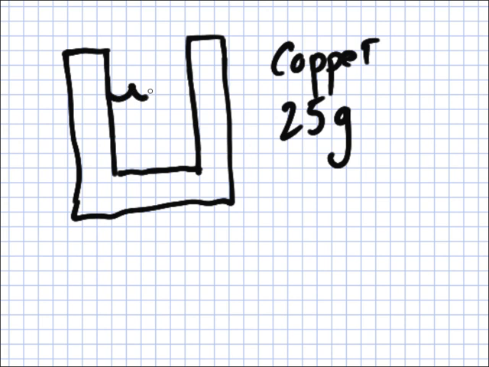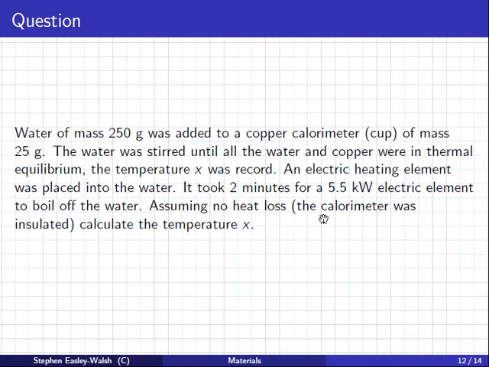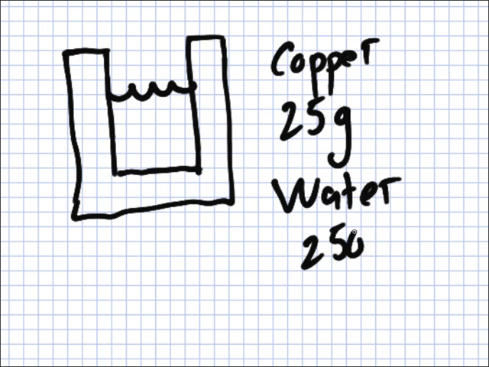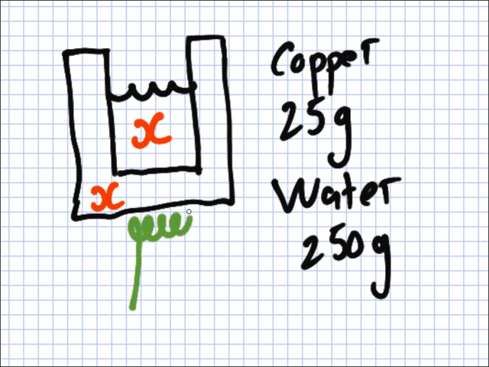And you put in it some water. The water is 250 grams. Now, both of these are at some temperature X, which you don't know. And then you come along and you put some heating element here, make some heat.